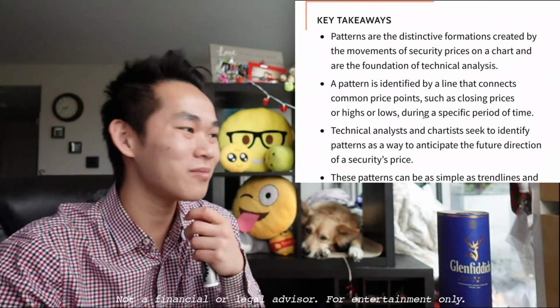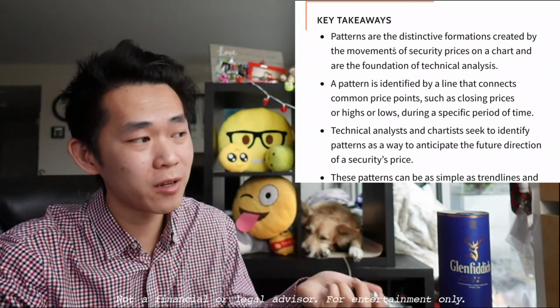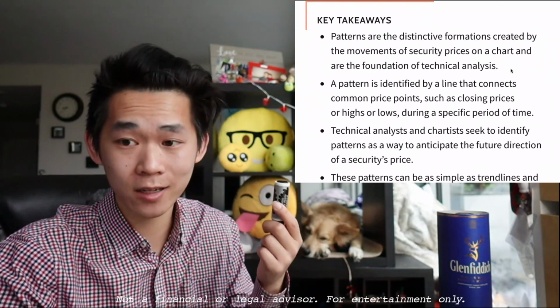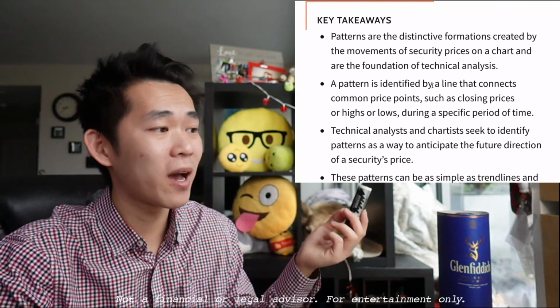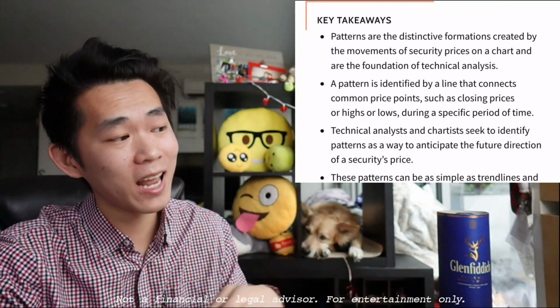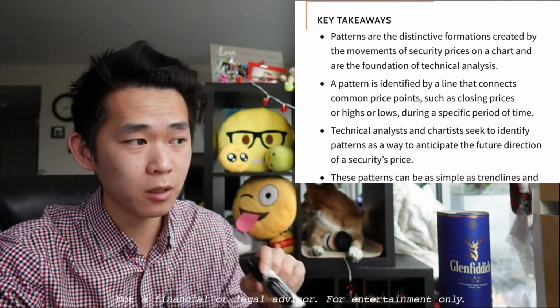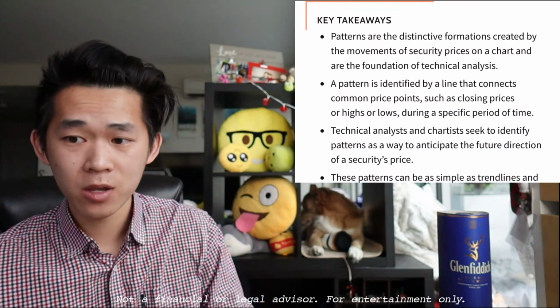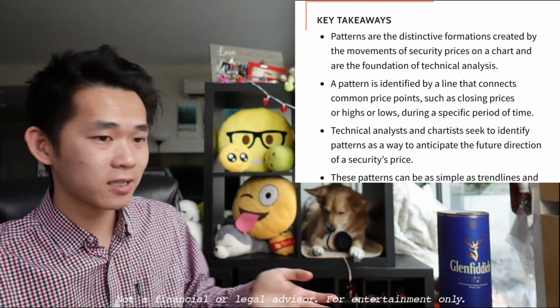That's it. Patterns are distinctive formations created by the movements of security prices on a chart and are the foundation of technical analysis. All right, a pattern is identified by a line that connects common price points, such as closing prices or highs or lows during a specific period of time. You'll notice that with price and time series, right?